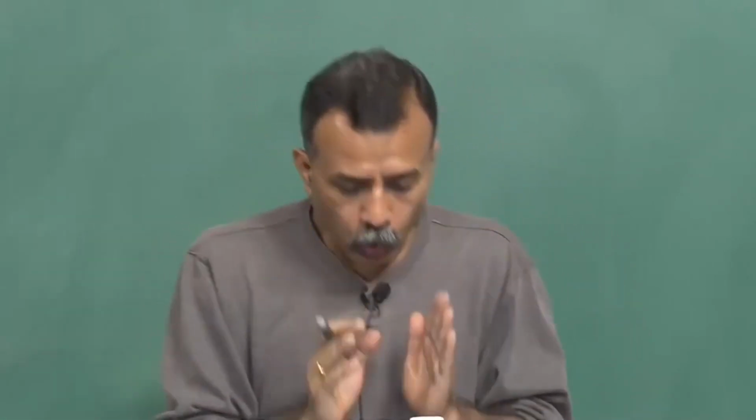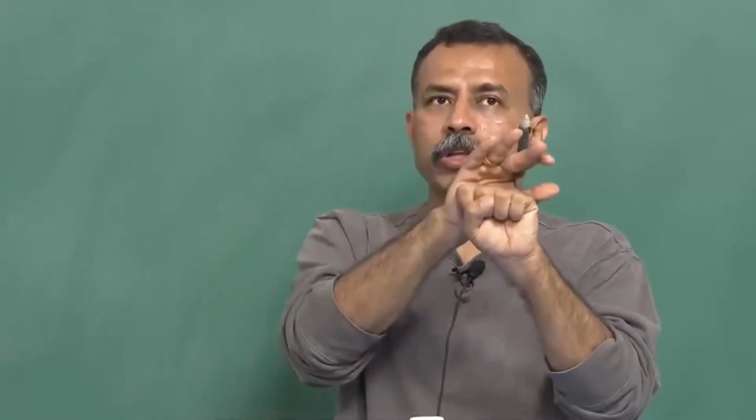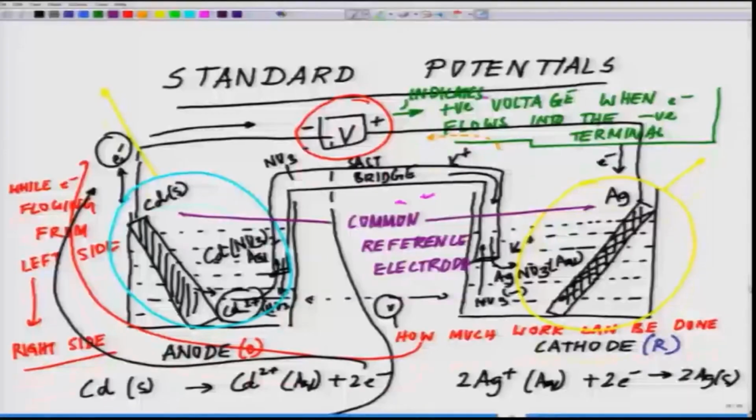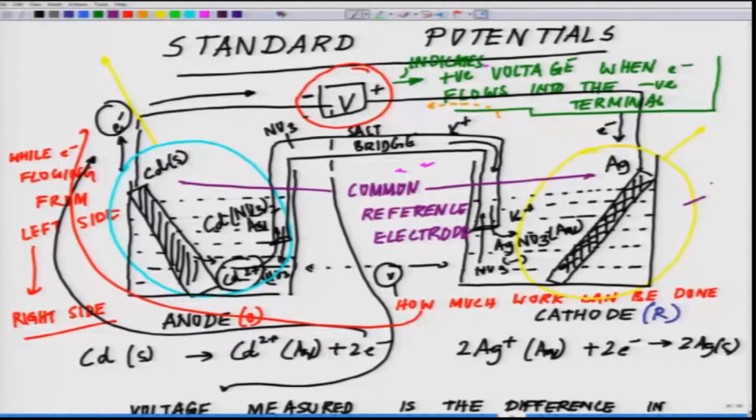Fine. So, whether I say oxidation potential or reduction potential, I needed that common reference electrode. With respect to the common, everything will be calculated. And if I could have a chart something like this. So, with this background, now read the lines. To predict the voltage that will be observed when different half cells are connected. Your half cells are these: this is the silver half cell, this is the cadmium half cell, fine.